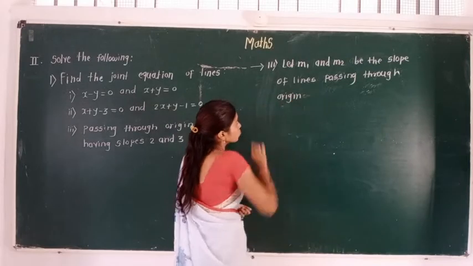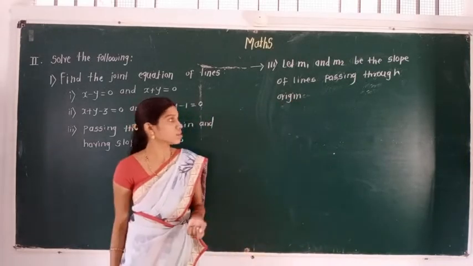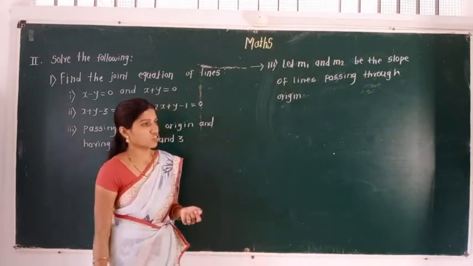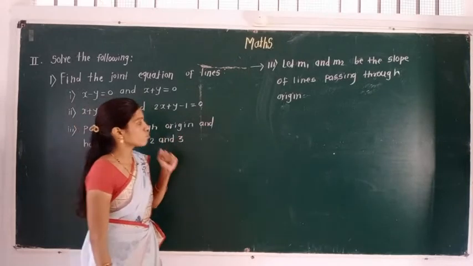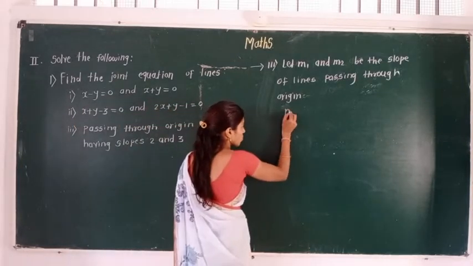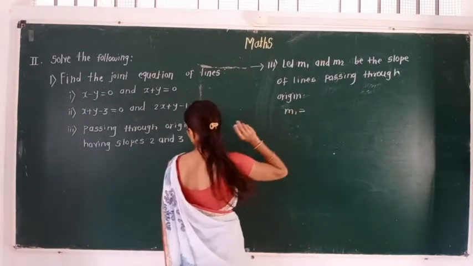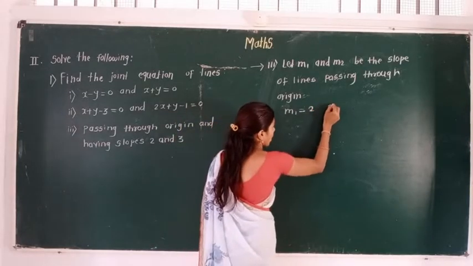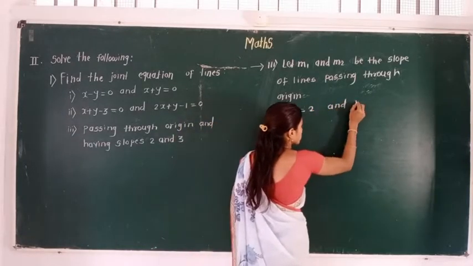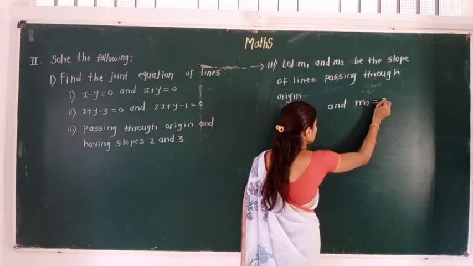Let m1 and m2 be the slopes of lines passing through the origin, and in this case we are given m1 is equal to 2 and m2 is equal to 3.